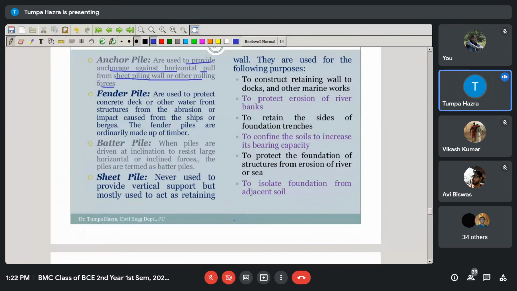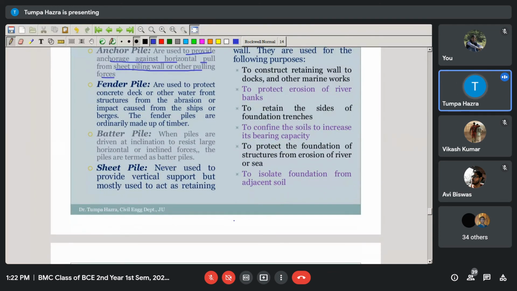Now, what are fender piles? Fender piles are basically used in water structures. They are used to protect a concrete deck or other waterfront structure from the abrasion or impact caused by ships or barges.